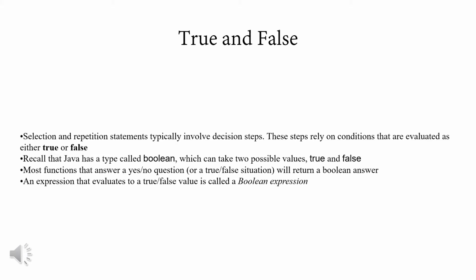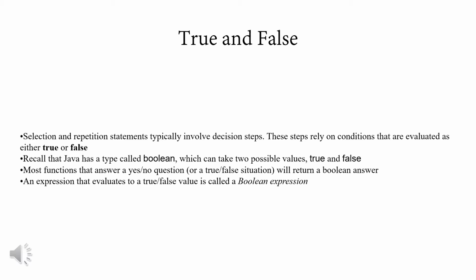So let's see about true and false. Before explaining more about selection, we need to know some more information. Selection and repetition statements both involve a decision step, and that decision step can get the value of true or false.